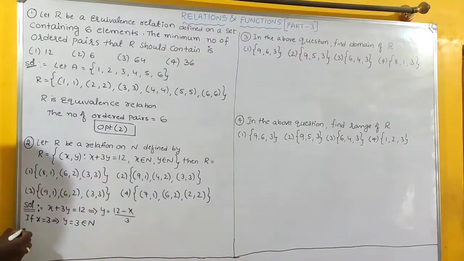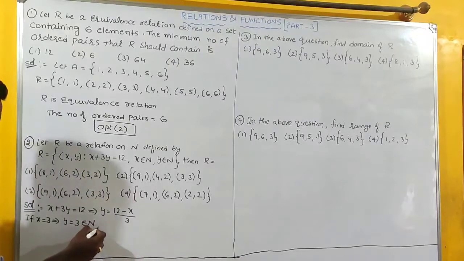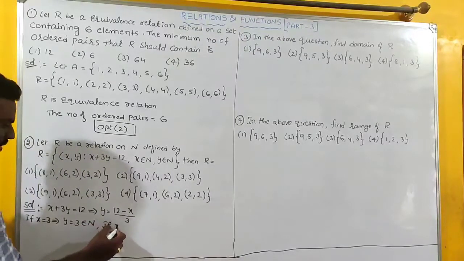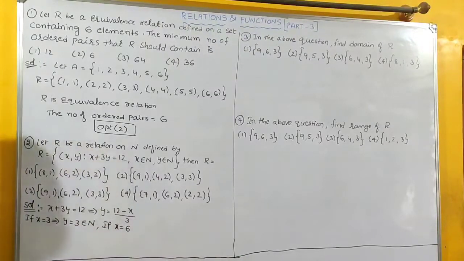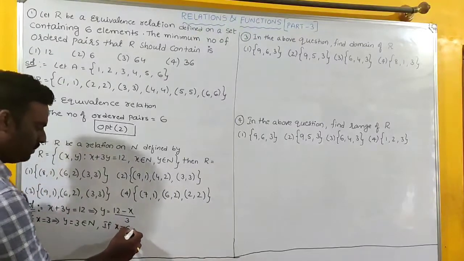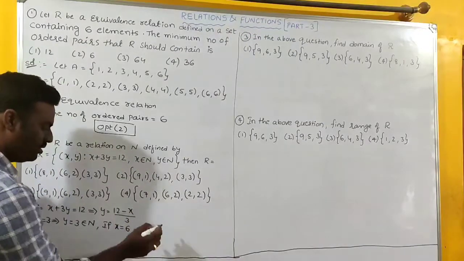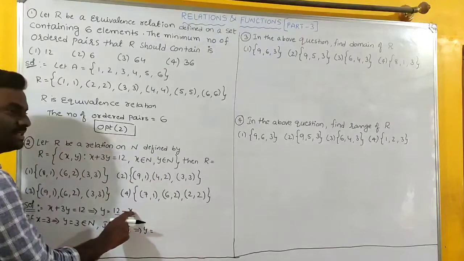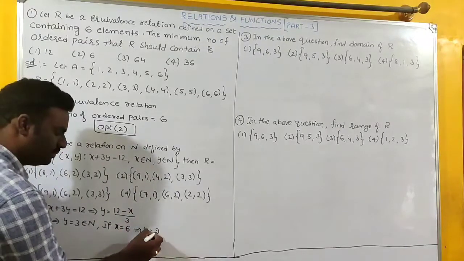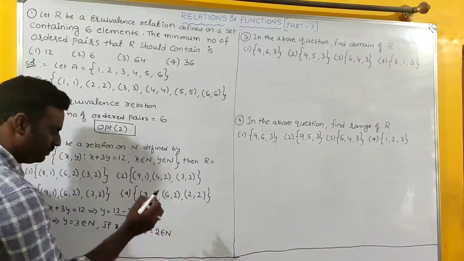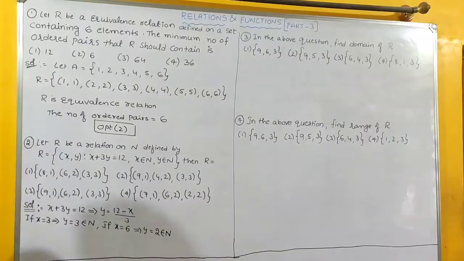That's why x equals 6. Substitute: y is equal to 12 minus 6, 6 by 3, that is 2. Next, if you take 7, 12 minus 7, 5, 5 by 3 is not a natural number.